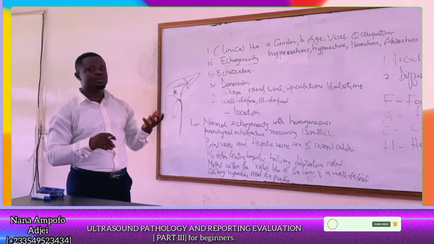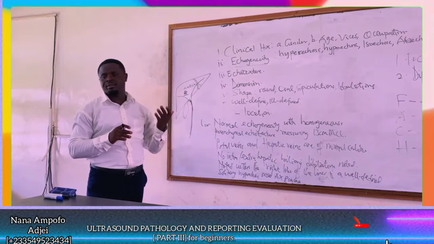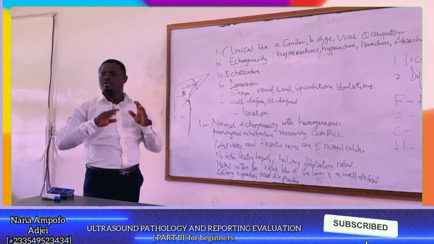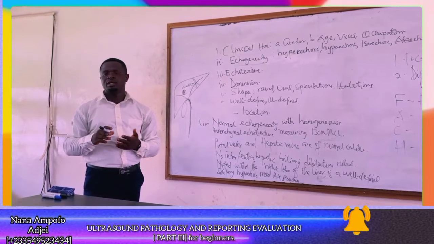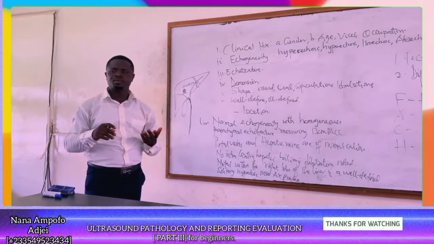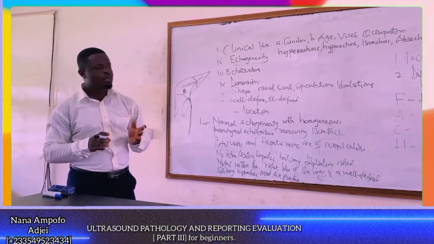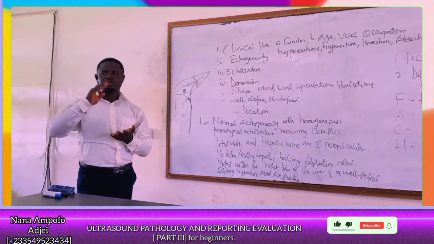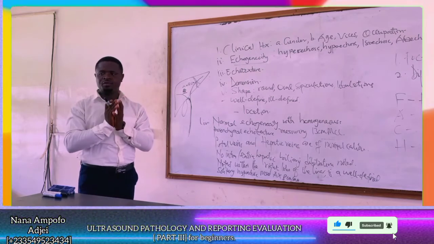So when there is an injury, we have all those signs coming into play. Inflammation: the patient has right upper quadrant pain. And what are we supposed to see on the sonogram? I explained that there will be edema. The size of the organ may increase in the acute phase.